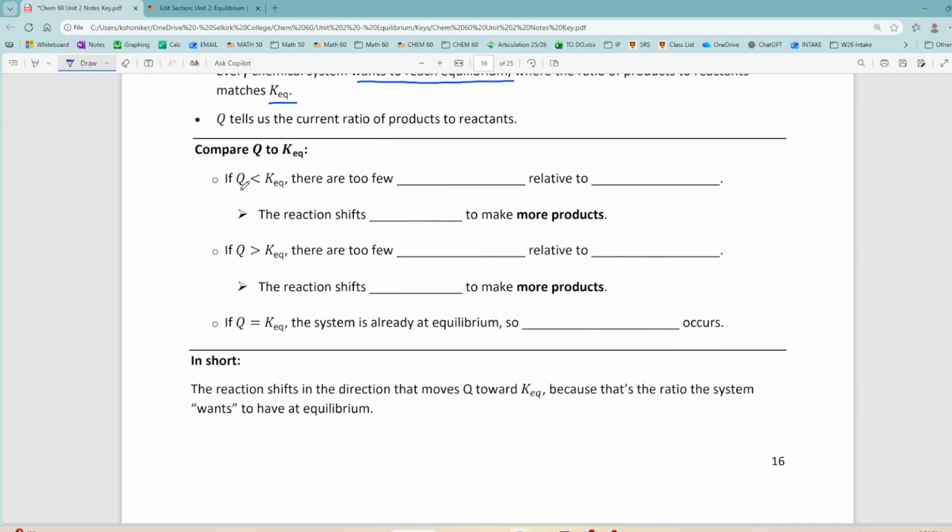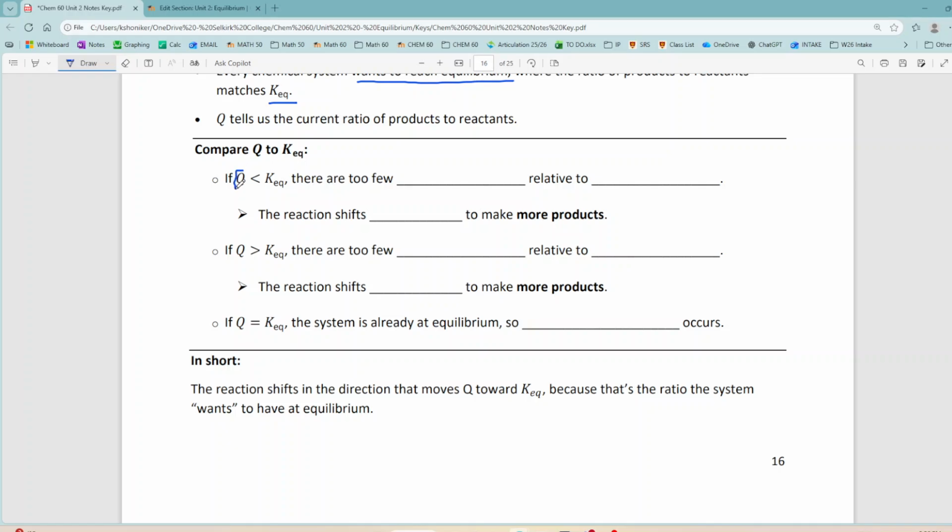Scenario number 1, if your Q value comes out as less than the given KEQ, the given equilibrium constant, then there are too few what relative to what?